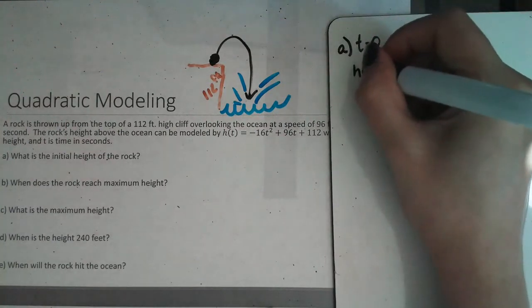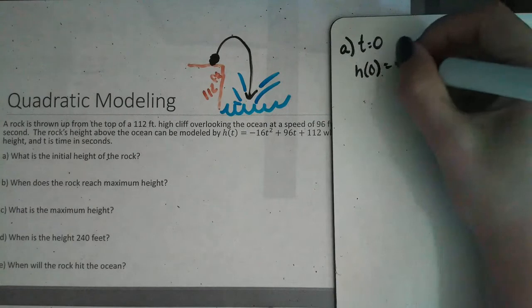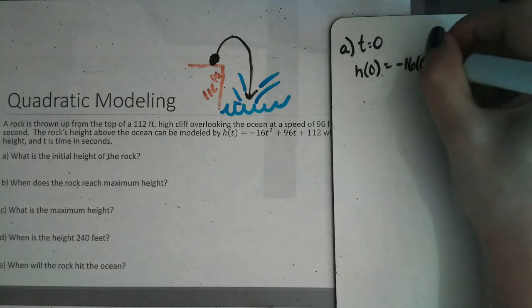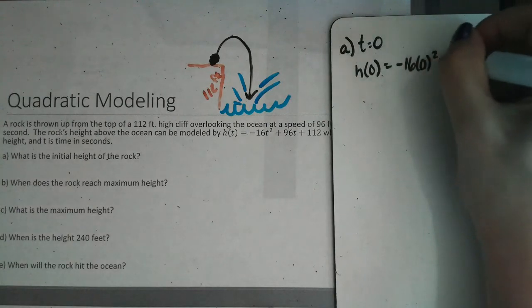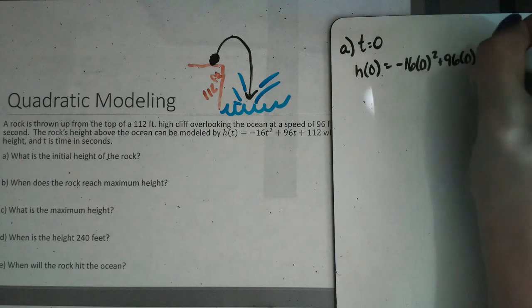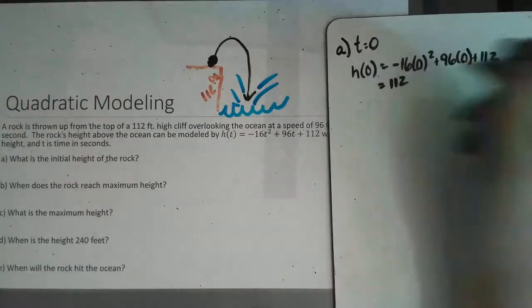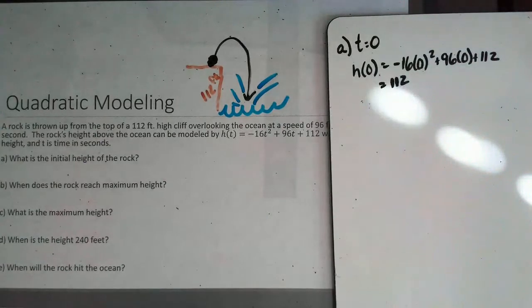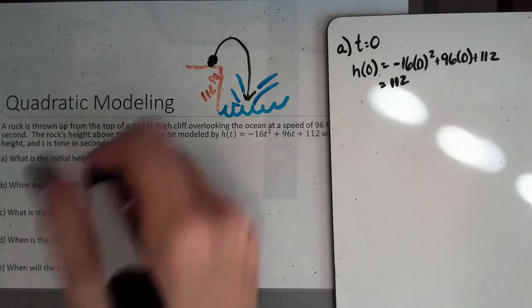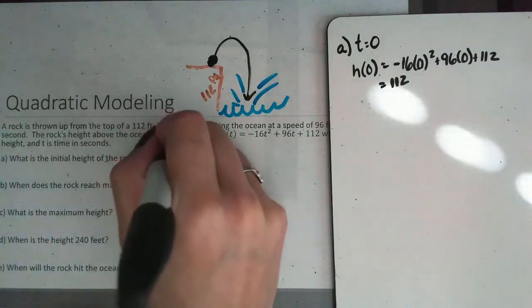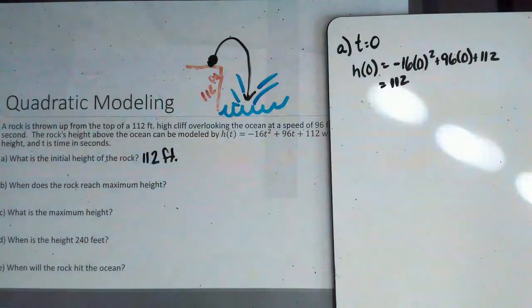So the height at time t equals 0 will be equal to negative 16 times 0 squared plus 96 times 0 plus 112. That's equal to 112. Hopefully that makes sense because the rock is starting on the 112-foot high cliff. So the rock is starting at 112 feet.